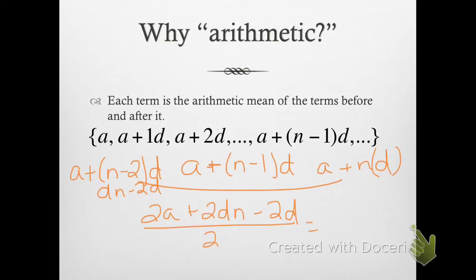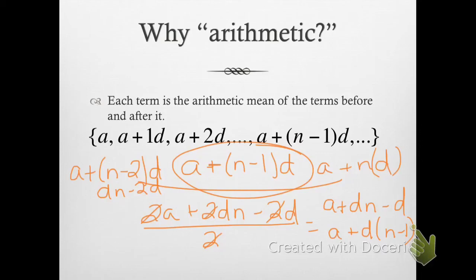That was 2. So when I divide that, we get a plus dn minus d, which can be rearranged as a plus d times n minus 1, which gave us that term right there. So there you go. That's why it's the arithmetic mean.